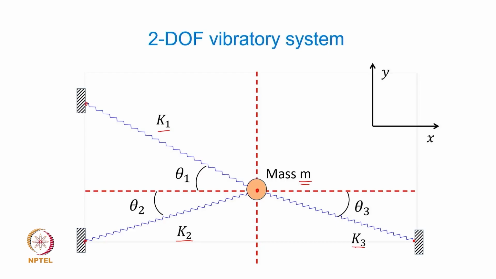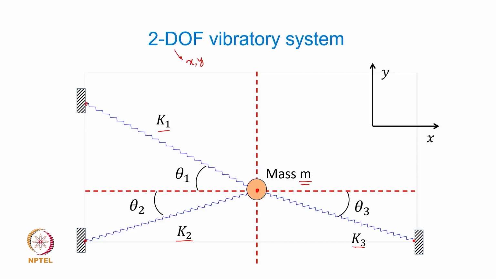Since it is a point mass, there is no angular displacement associated with mass m. It only translates along x and y direction. So, these are the 2 degrees of freedom, x and y, independent degrees of freedom.